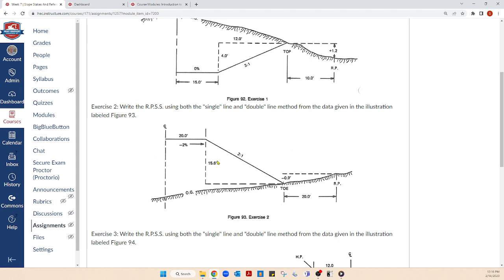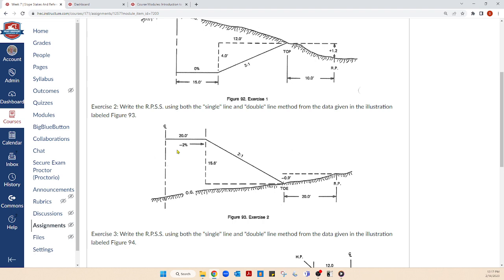Wait, I subtracted. So if I want to go back with a single line, I need to get you here to the center line, and that's not level. This is 4/10 higher. So if this is 15.6, I need to add 0.4, because 20 feet over 2% is going to give you an elevation higher than this of 0.4. 0.02 times 20 equals 0.4.